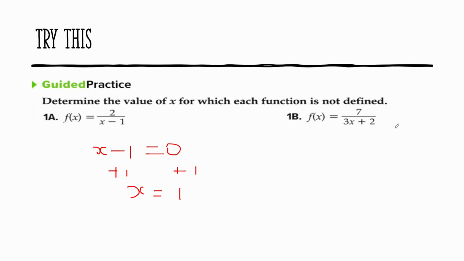Let's look at B. Take your denominator again: 3x plus 2 equal to 0. We subtract 2 on both sides.